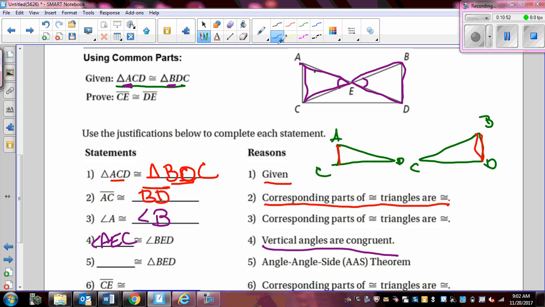Let's fill in everything we have. We already have AC is congruent to BD. We have my vertical angles, and we have angle A is congruent to angle B. Angle A is right here, congruent to angle B right here. And we know that my two triangles are congruent because, or let's put them in order.